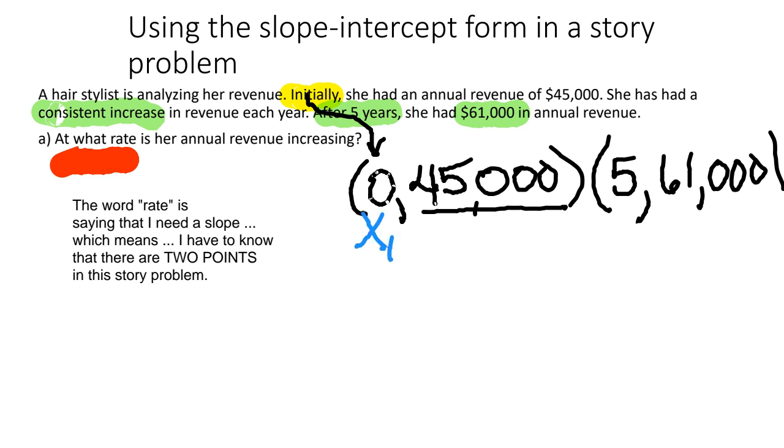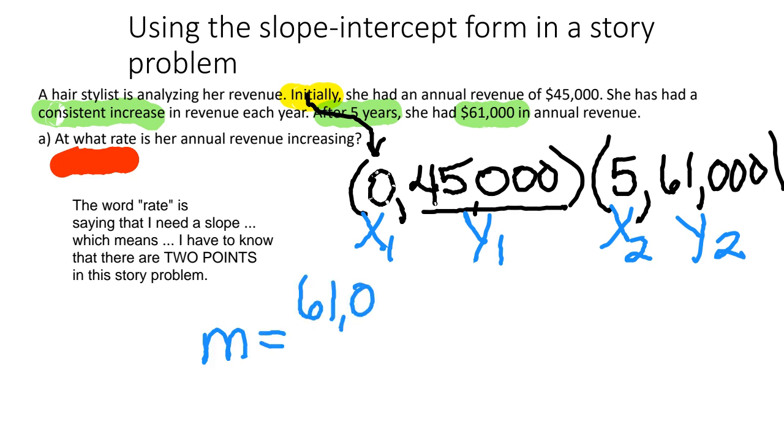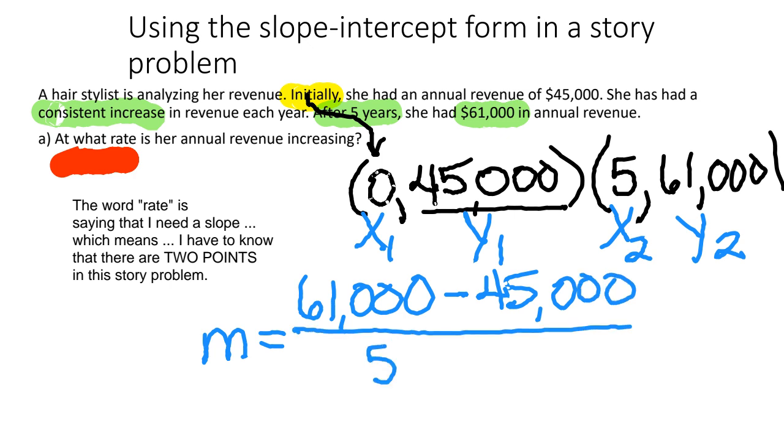This is X1, Y1, X2, Y2. My slope is 61,000 minus a positive 45,000 divided by 5 minus 0. Well, I have 61,000 minus 45,000. Now this will give me 16,000 over 5.